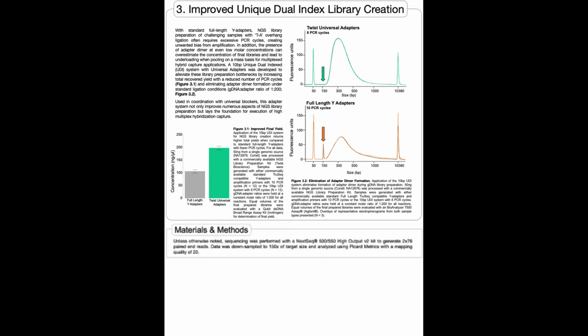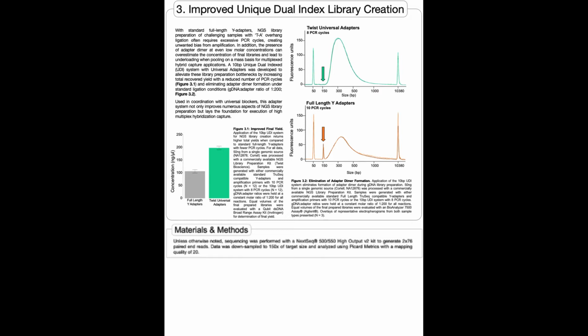Now, as you can see in these figures, the results of these changes are dramatic for both the total observed concentration and absence of adapter dimer. Now, the samples here generated with full-length adapters in this short study were subjected to 10 cycles of PCR, while the samples generated via Twist universal adapters and 10 base pair unique dual index primers were subjected to 8 cycles.